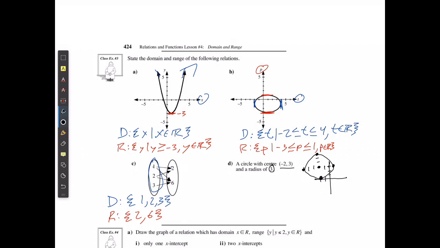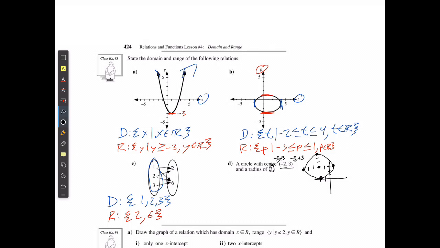So that means that I can go from here, I can subtract 3 or add 3 for the x, and I can subtract 3 or add 3 for the y.